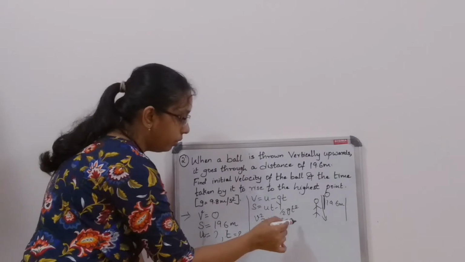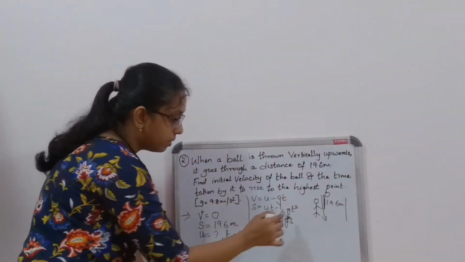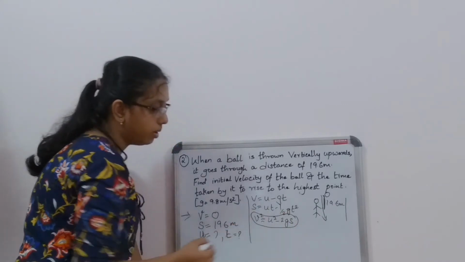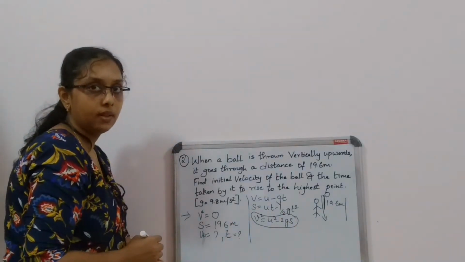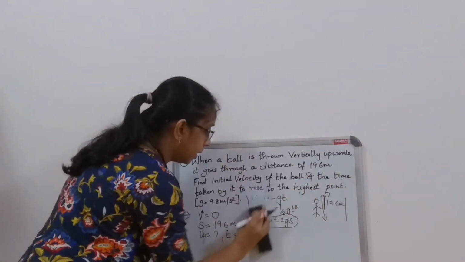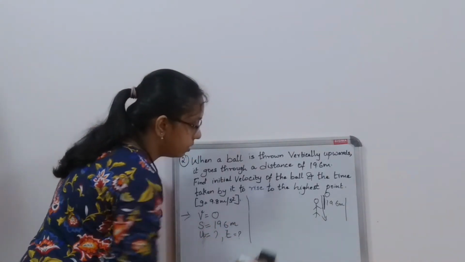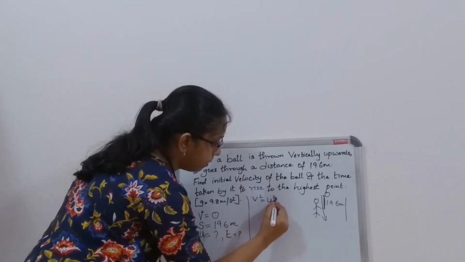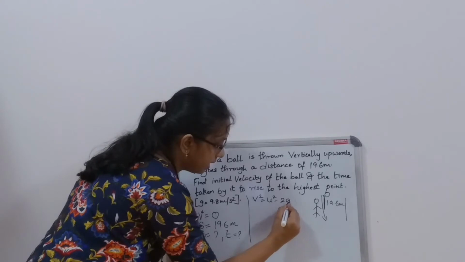So connecting all these, we can see v square is equal to u square minus 2gs can be used here. So our equation is v square is equal to u square minus 2gs.